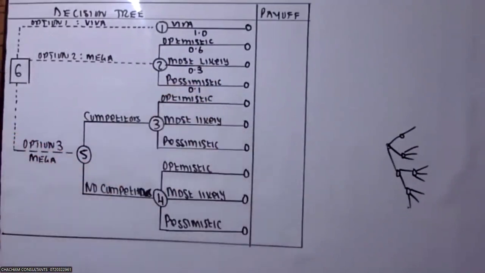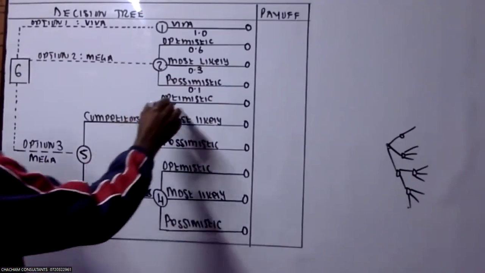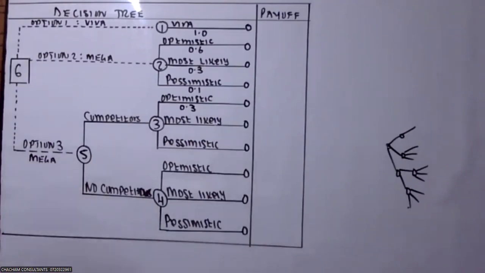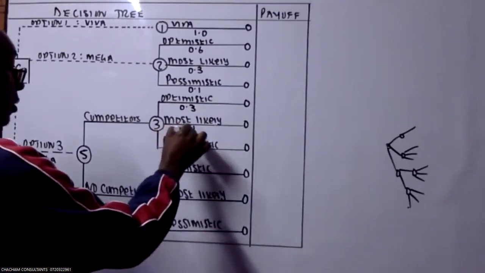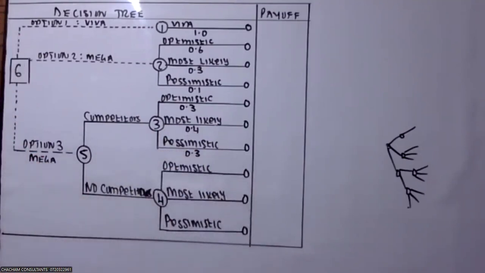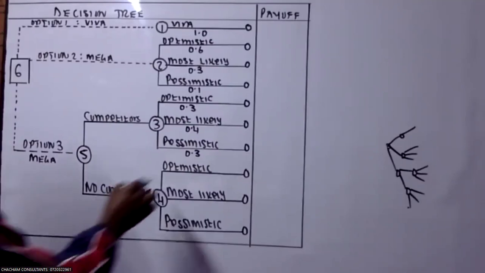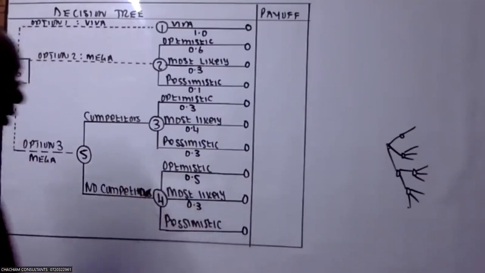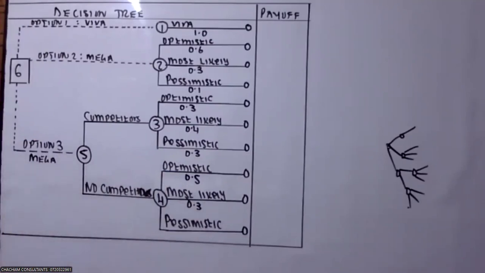This other one, with competitors, it is 0.3, 0.4, and 0.3. Then 0.5, 0.3, and 0.2.